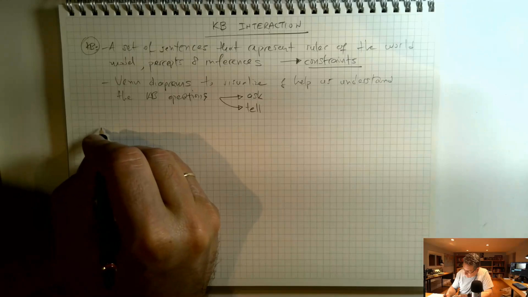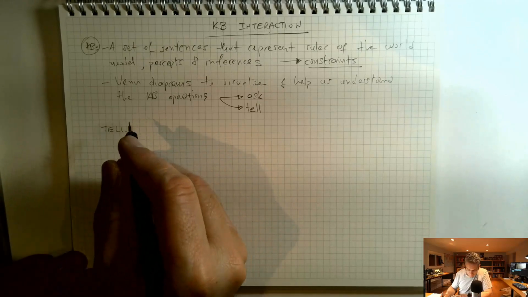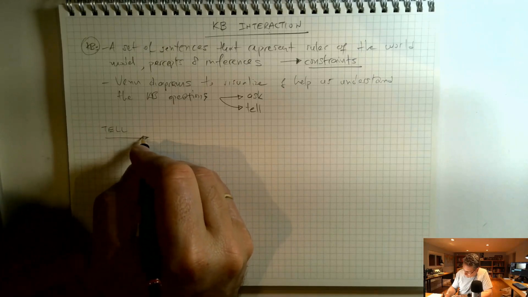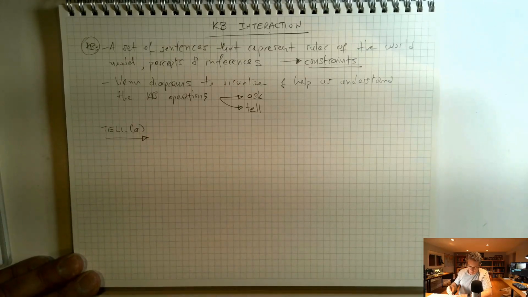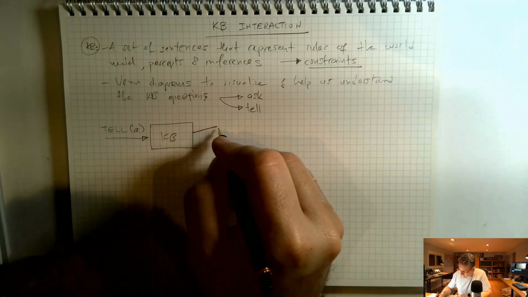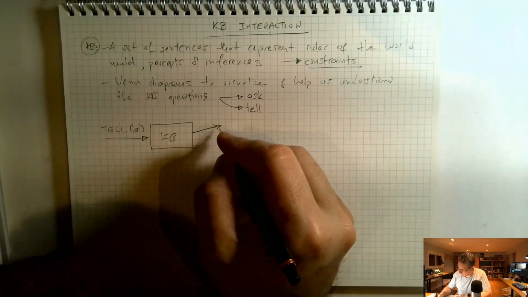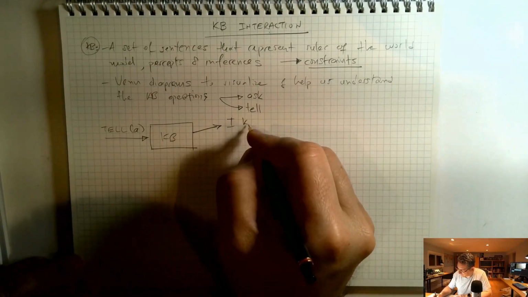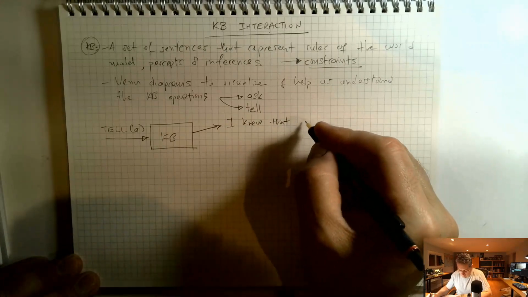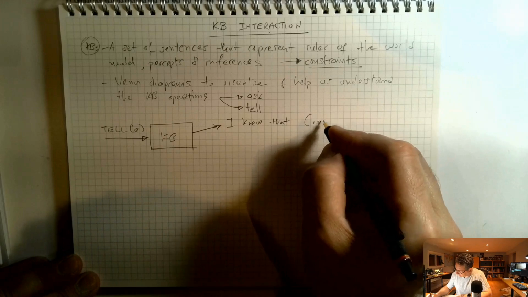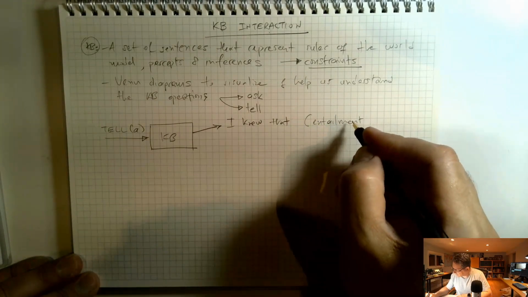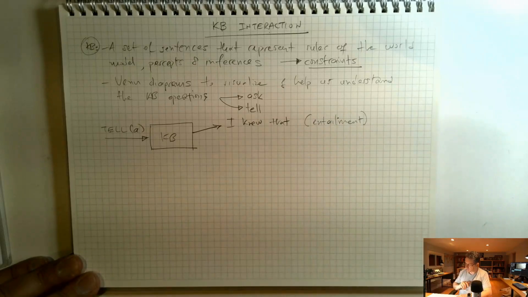So we have now the tell. We have a sentence that we want to tell the knowledge base about. This is the knowledge base over here, and the knowledge base can return three possibilities. First, I knew that. This is called entailment, a bit more formally, and this is a very important concept.